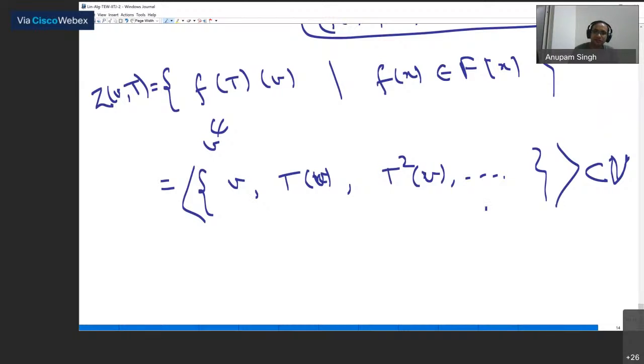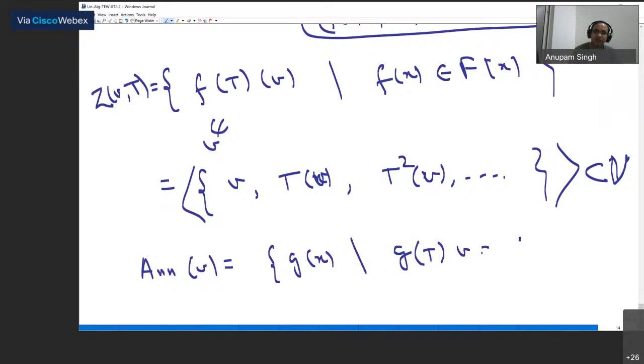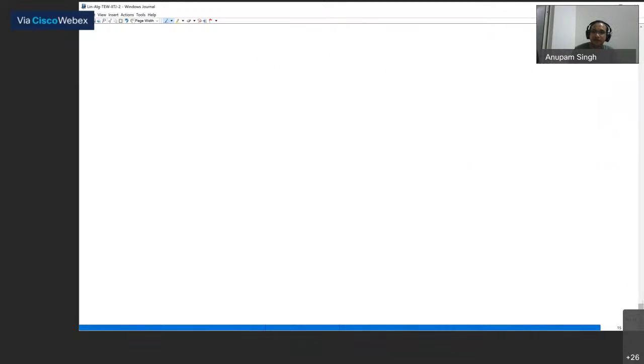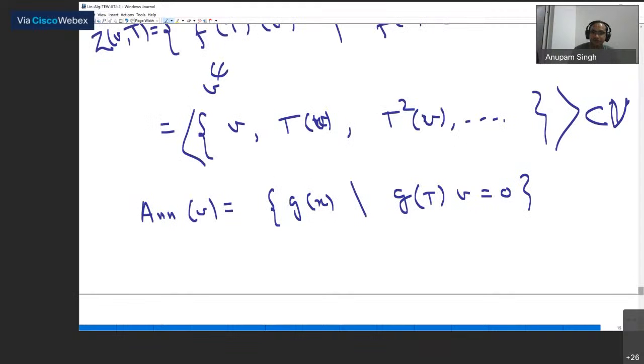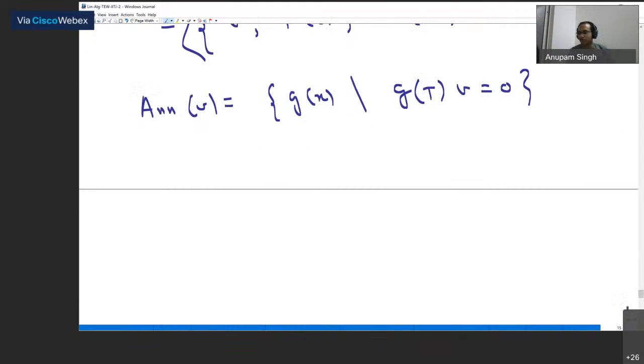So these numbers cannot be infinite, and that leads to what you call the annihilator of this vector. The annihilator of v is going to be those polynomials g(x) such that g(T) applied to v is 0. Again, you can check that this is an ideal and things like that. And this will actually relate to the dimension of this Z(v, T), whatever I defined.